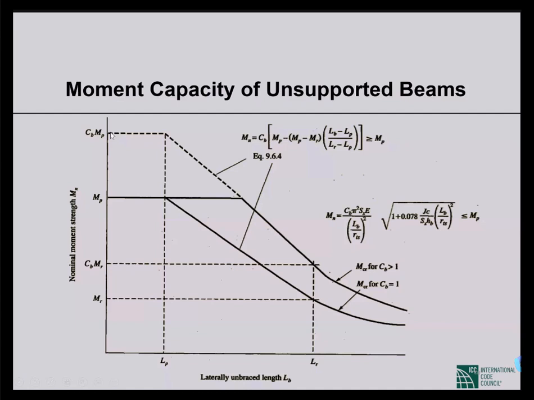And in between these two, plastic moment capacity and this elastic lateral torsional buckling moment capacity, we can just linearly interpolate. The formula shown at the top is nothing but a linear interpolation between these two points.